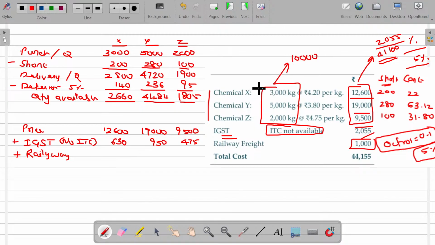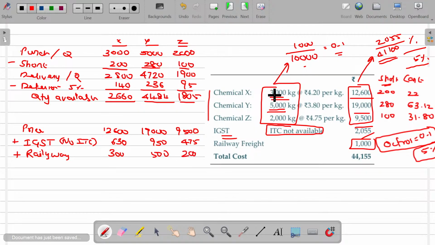Railway freight will always be charged based on not the value, but the quantity you transported. 1,000 rupees you paid for 10,000 kg, otherwise 0.1 is the cost per kg. In case of chemical X, 3,000 kg into 0.1, 300 rupees. In case of Y, 5,000 into 0.1, 500, and last 200.